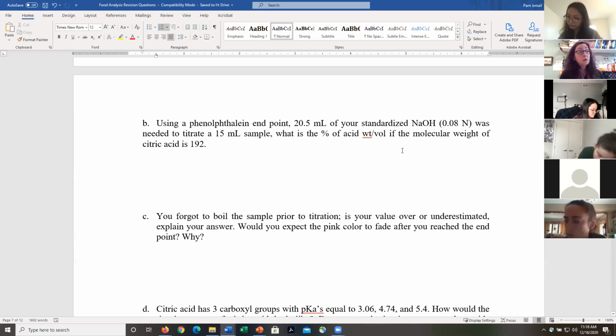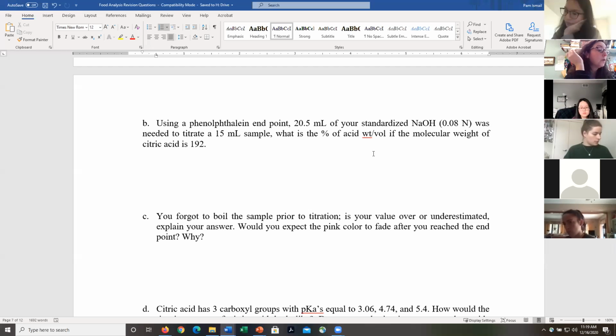And here it's telling you to calculate. Did anybody calculate that at all? So again, you use your derived equation for equilibrium, where you use the normality that is given. I gave you the normality of NaOH, which is standardized, times the volume of NaOH used.